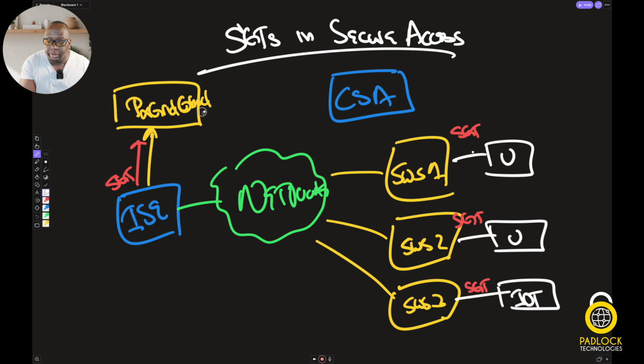Now you have to integrate pxGrid Cloud with Cisco Secure Access so that the SGT information ends up in secure access. It's also integrated with your on-prem ICE implementation. When I say on-prem, this does not mean it needs to be on-site. This could be in Azure, AWS, whatever. It's just a physical or virtual appliance that's doing the authentication and authorization.